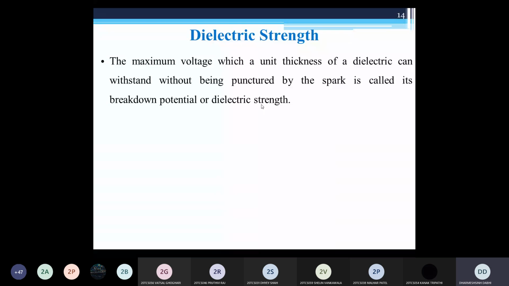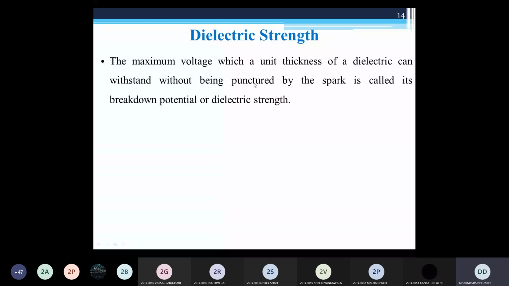Clear? So that measures how much voltage it can withstand. The more voltage it can withstand, the more dielectric strength the insulating material has. So the definition says that it is the maximum voltage which a unit thickness of dielectric material can withstand without being punctured.